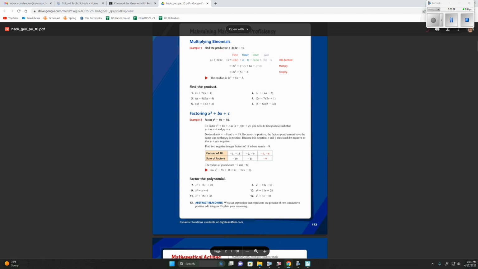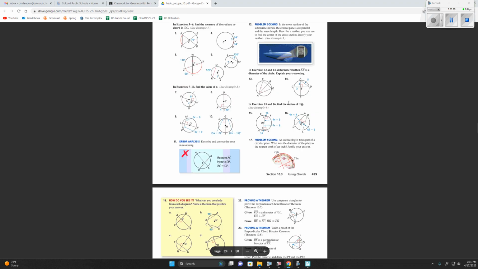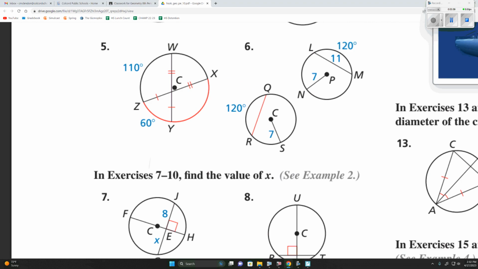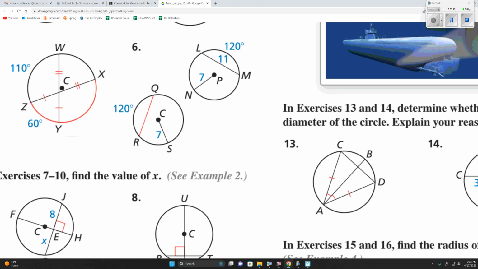New tab. There we go. Now we know, actually, as soon as I get this here.